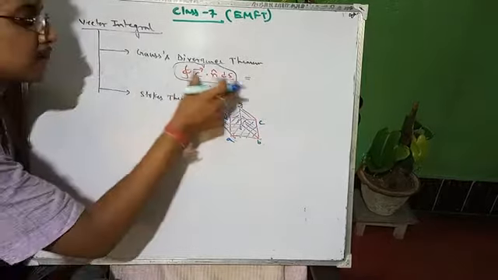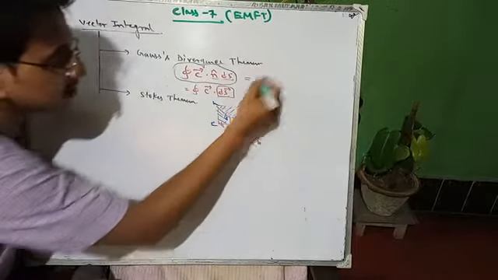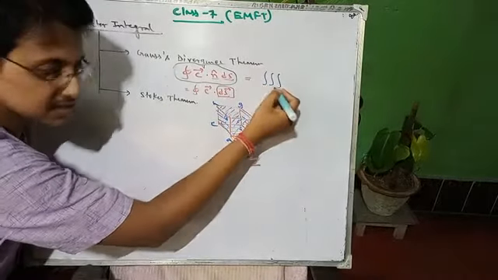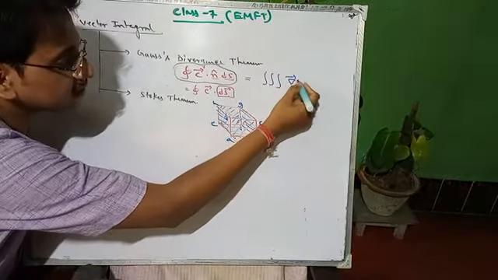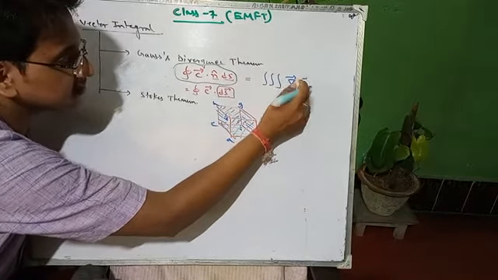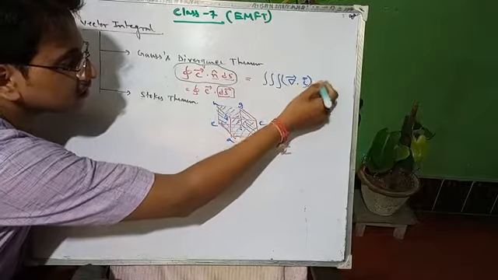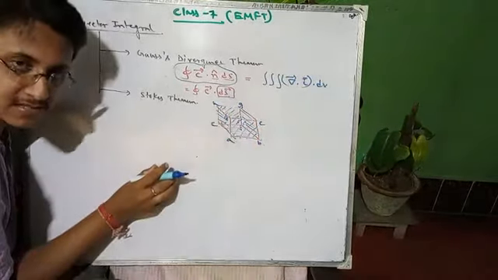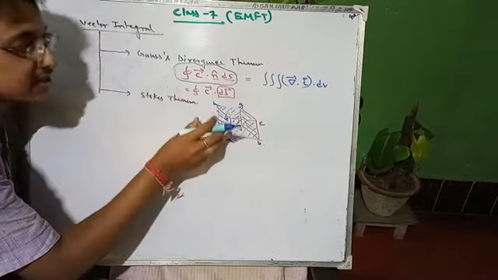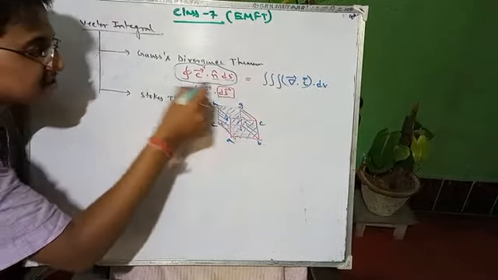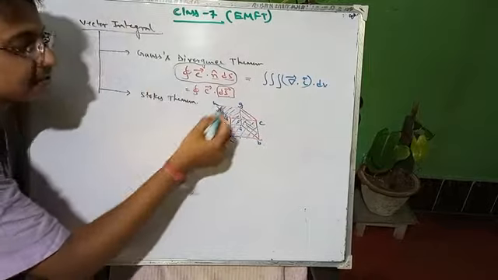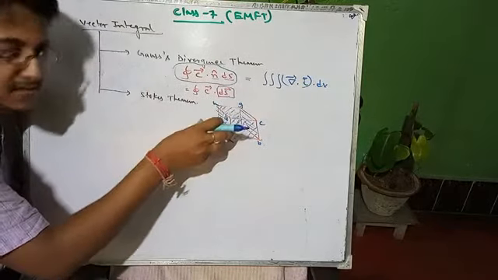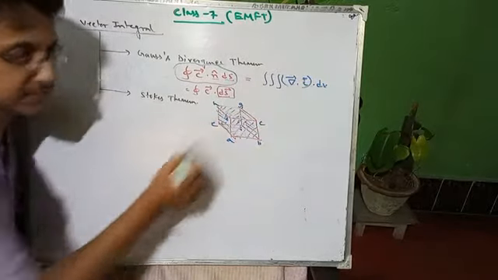The result of this closed surface integration is nothing but the volume integration, that is, the triple integration of the divergence of the vector field enclosed by the surface. So this volume has some surface, denoted by this closed surface integration, and the volume occupied by the surface is the integration of dv.